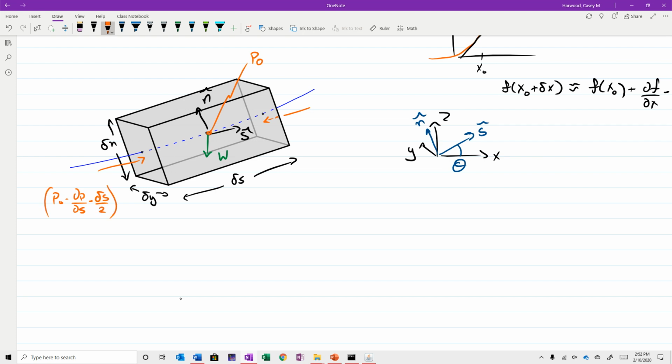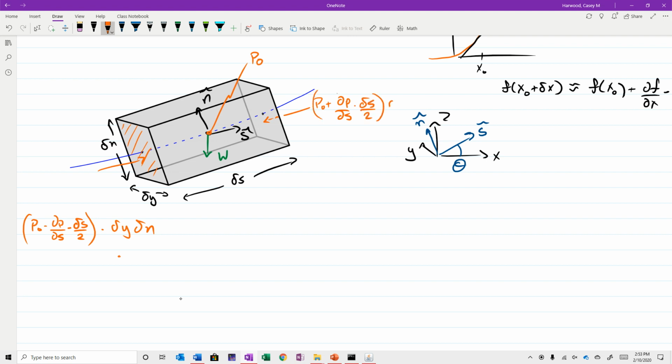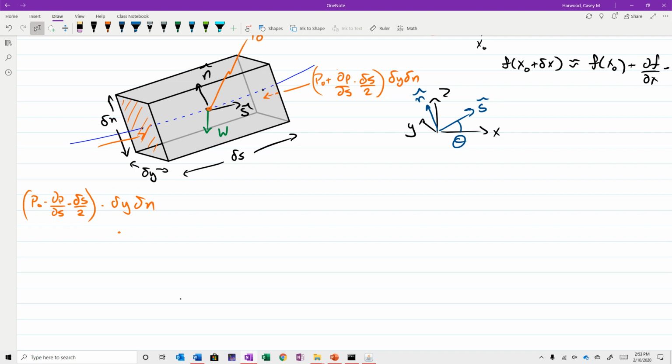And then it's acting over a face that has an area of delta Y, delta N. Over here, we've got P naught plus dP ds times delta S over 2, all acting over an area of delta Y, delta N. So, schematically at least, we've got all of the forces we're concerned with drawn in at this point.